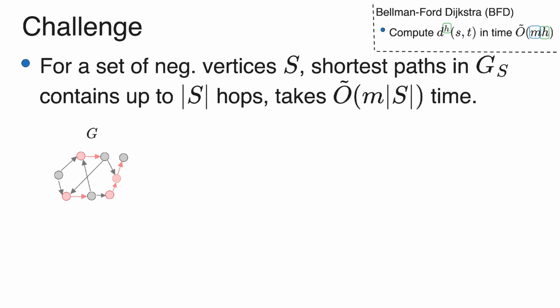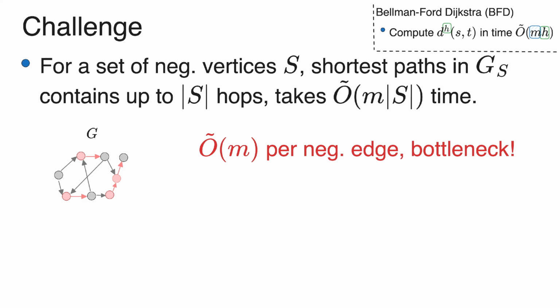So to compute the shortest path distance, we need to compute a large hop distance, like the size of S hop distance. This can give us Johnson's price function, but this will take us Õ(M times the size of S) time. So on average, you are paying Õ(M) per negative edge, and this is the bottleneck of the whole problem.